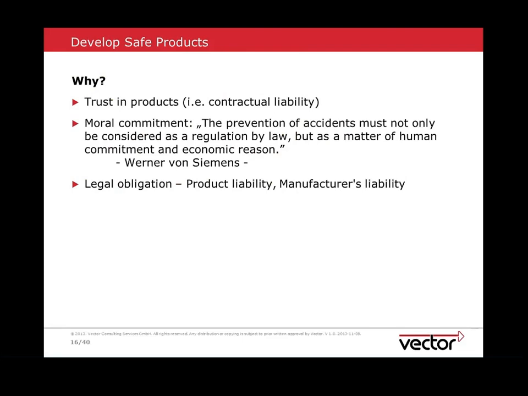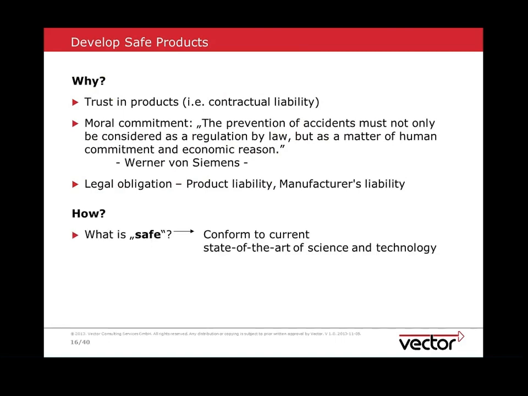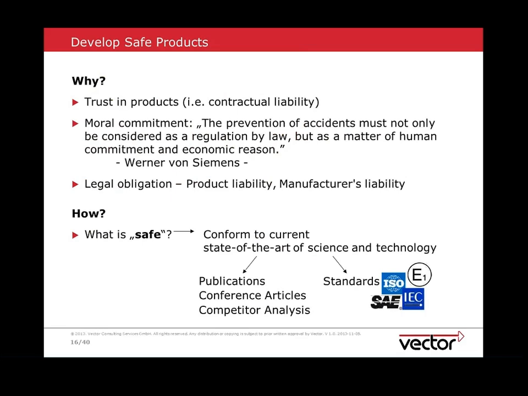Developing safe products means that we have a clear obligation in terms of liability to produce a product which is safe, where our customers understand it has been produced with an understanding of the best practices, and which conforms to the state-of-the-art in science and technology. State-of-the-art is what is covered by standards and by publications.